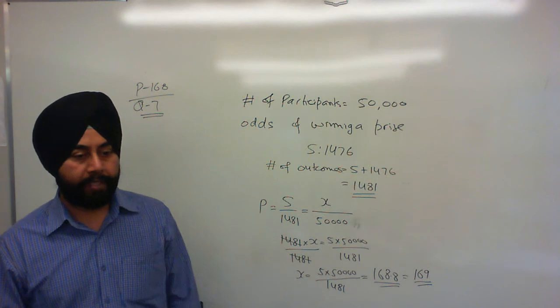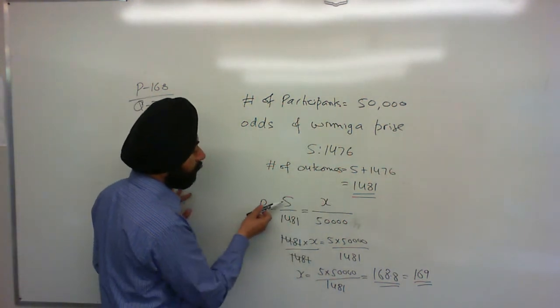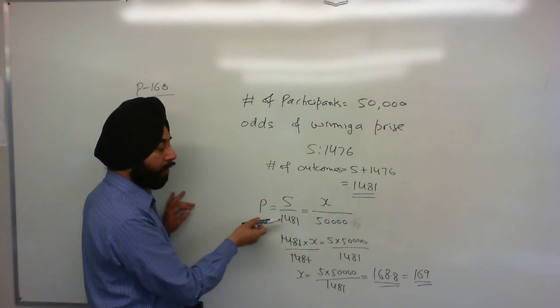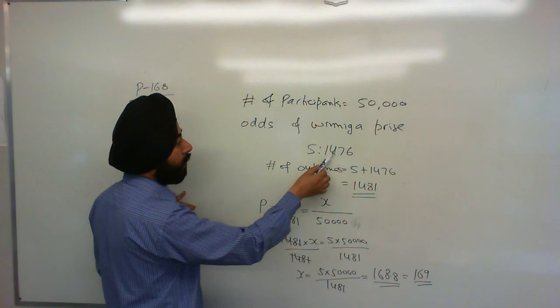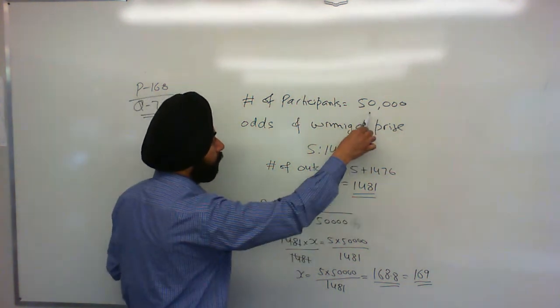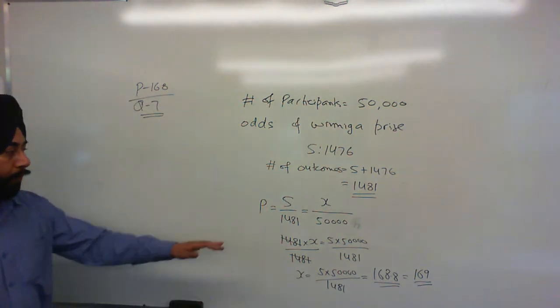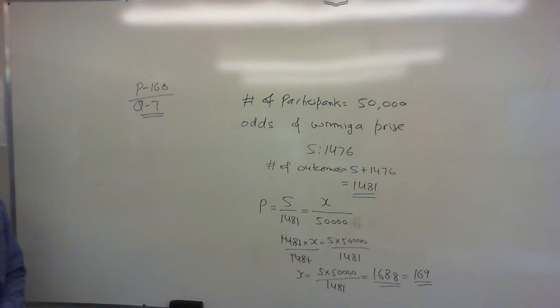That's your X. That's how you solve. So from the given data, you will first find the probability and then use that probability to find the unknown number if the number of participants is increased from 1,481 to 50,000. So use a proportion and then cross multiply to get the answer, right?